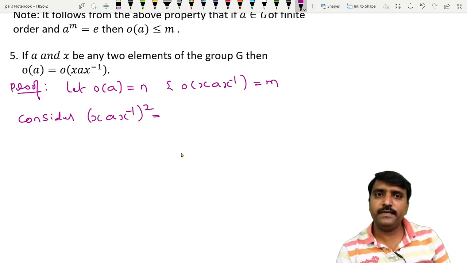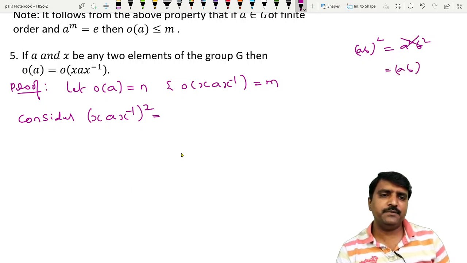You can't write A square into B square, because we don't know whether it is commutative or not. So this is wrong. AB square can be written as AB into AB.